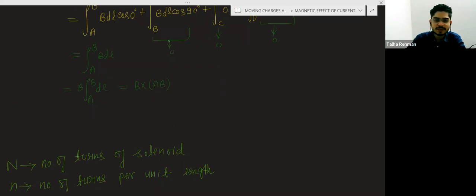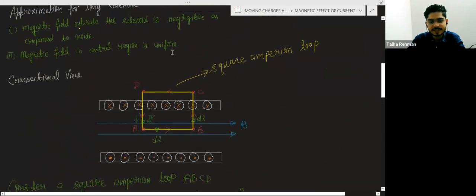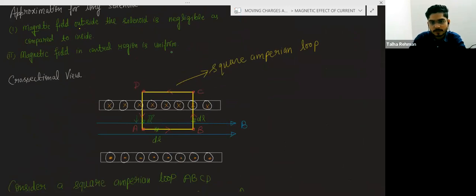I am supposing the side of this square Amperian loop as small a.